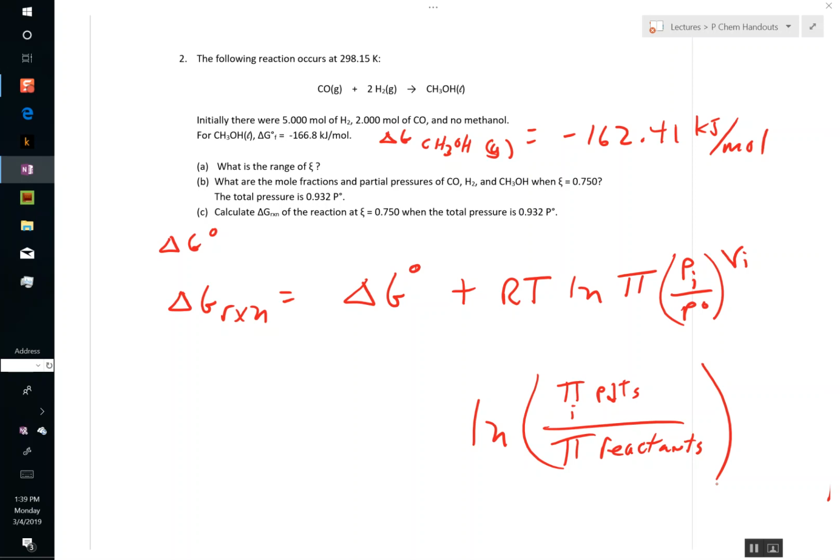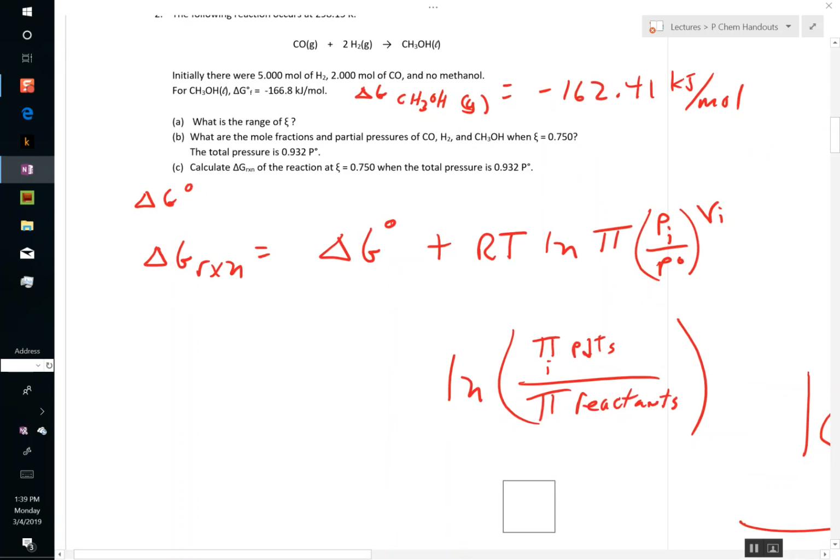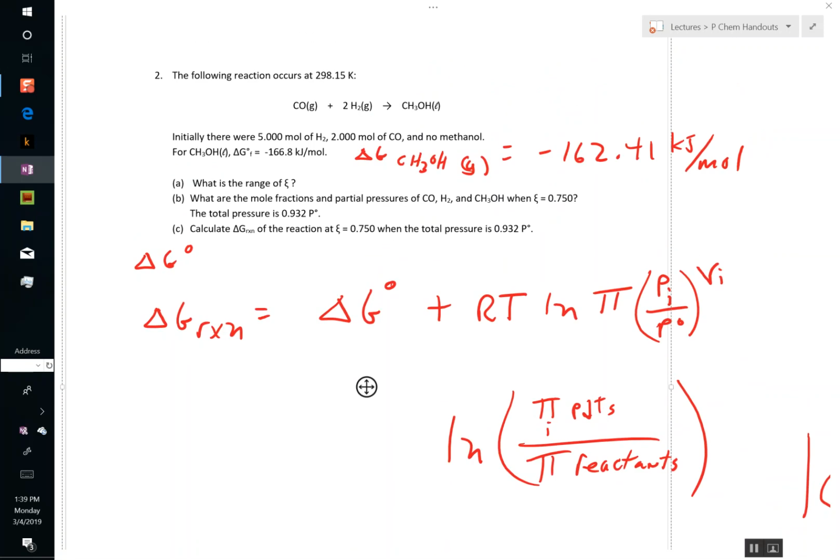To calculate partial pressures in V, do you need to multiply your mole fractions by 0.932, or do we just assume that P naught is 1? Assume P naught is 1. So if P naught is 1, the total pressure is still 0.932, right? Yep.